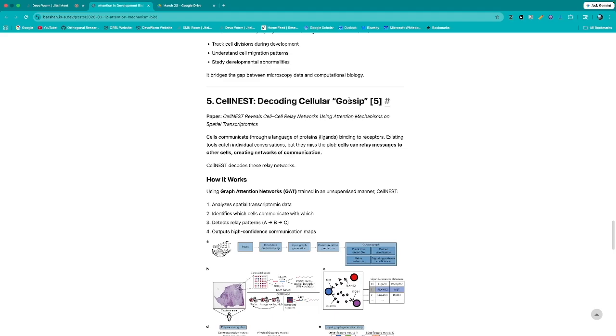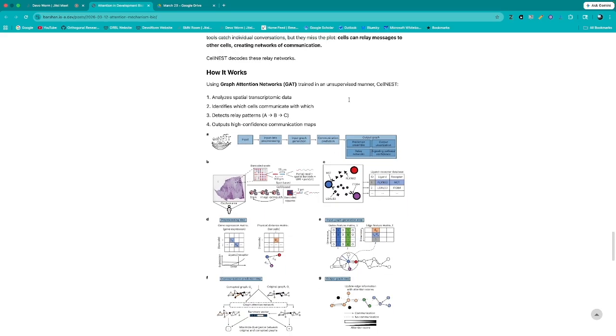So if you have something transitive like A to B, B to C, and then maybe C to A, or you just have this relay pattern from A to B to C, you can detect that. And then it outputs high confidence communication maps from that.